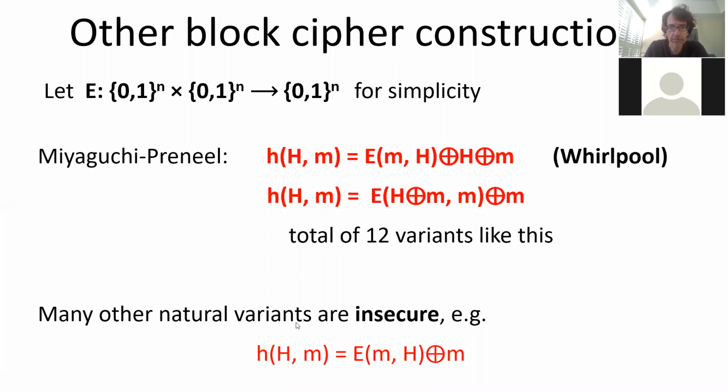Of course, you can create many such variants, but some of them are insecure. That's another insecure variant, but there are many others. So these things look deceptively simple, but their analysis might not be, and some of them you can realize are actually broken.